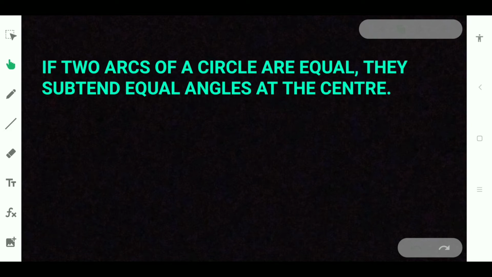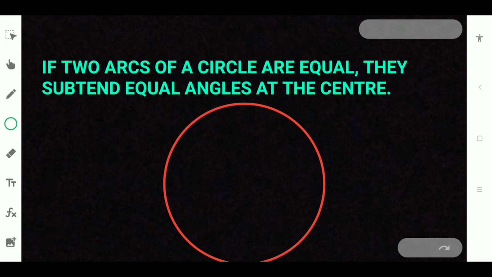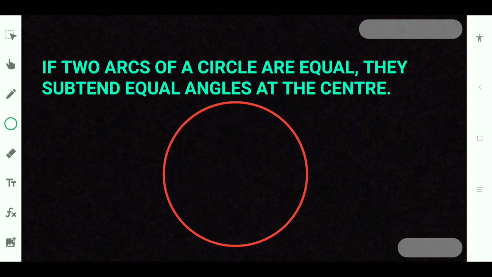That is, if two arcs of a circle are equal, so this time this is different. Before, in the previous theorem, we had two subtending angles equal, and so arcs are equal. Now here arcs are equal and we have to prove that the subtending angles are equal.